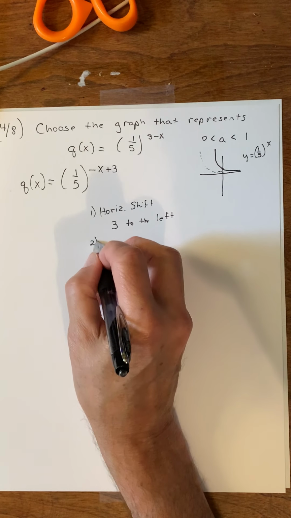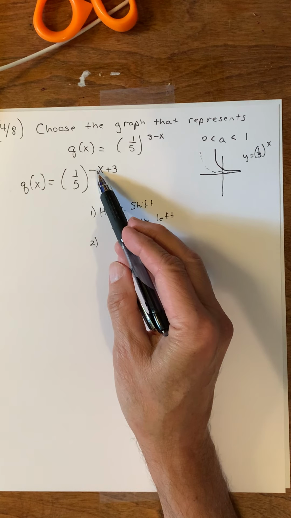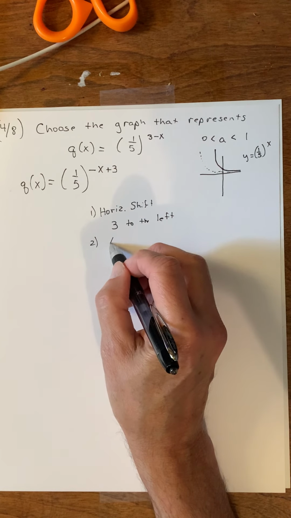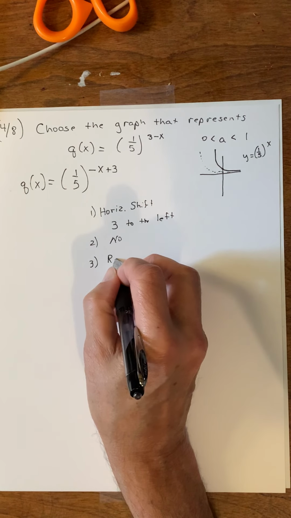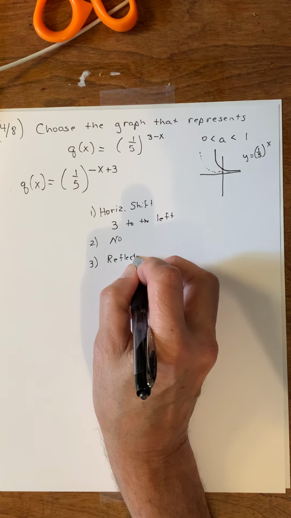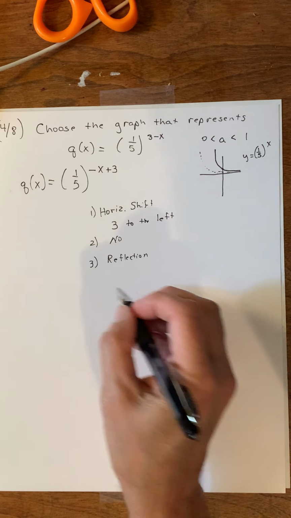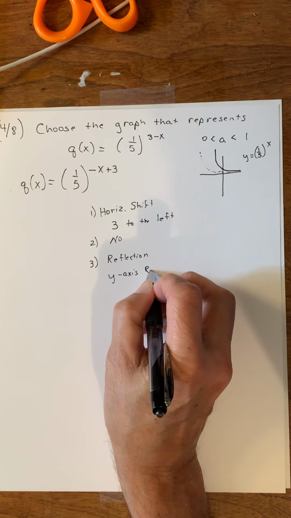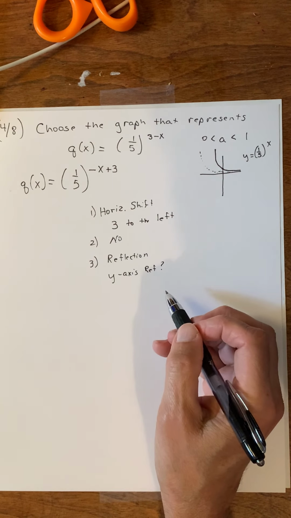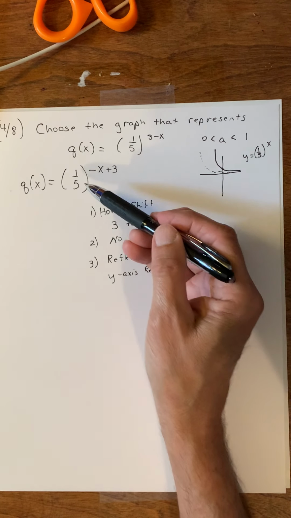Number 2, a stretching or a compressing. Is there a coefficient other than 1 in front of x? No, no stretching or compressing. 3, reflection. Is there a y-axis reflection? Has x itself been made negative?